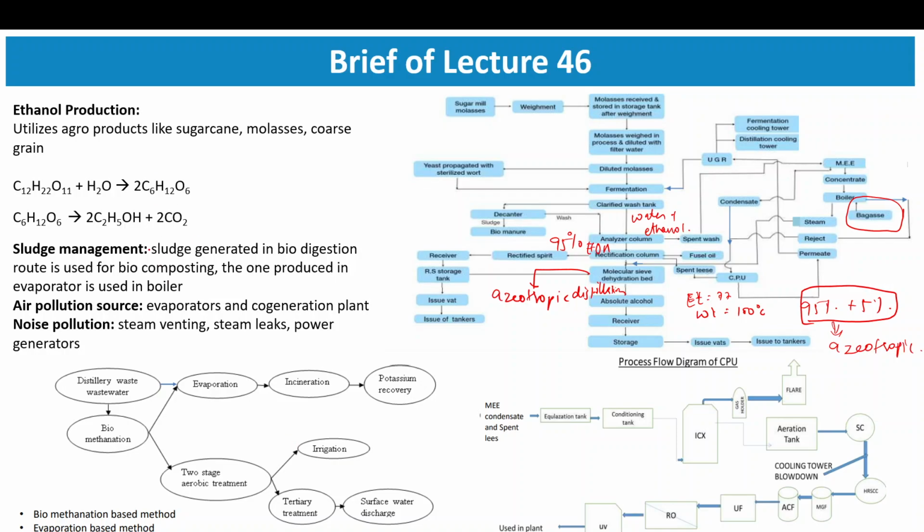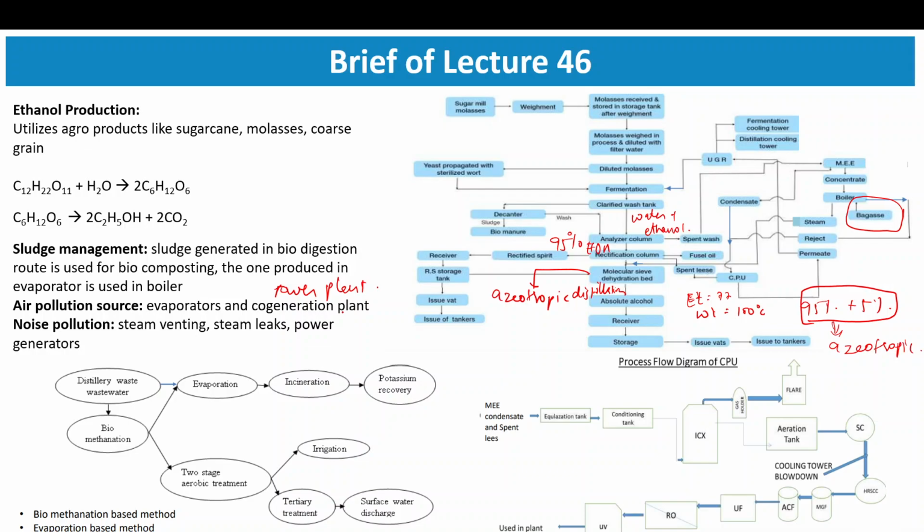Now, sludge, as I mentioned, is not so toxic here. So the generated sludge can be sent to biodigestion, and it can be used for biocomposting. Another way is you can use it for the boiler. Now, air pollution: major sources are the evaporators, which are nothing but multiple effect evaporators, and the cogeneration or power plants, because you burn the fuel.